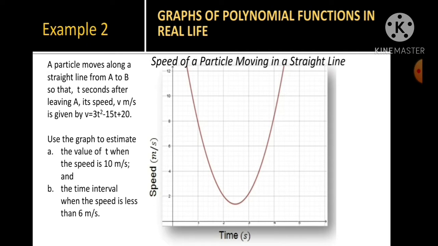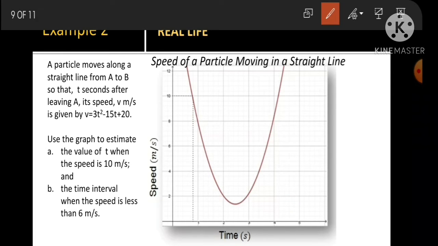Now let us locate first 10 meters per second. So we have here, and the time when the speed is 10 is 0.8. It is 0.8 because this is 1, 2, 3, 4, 5, and then we have 5 minor grids. So that means each grid is equivalent to 0.2.